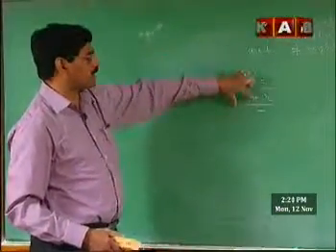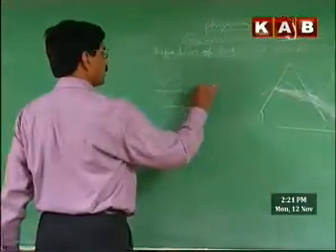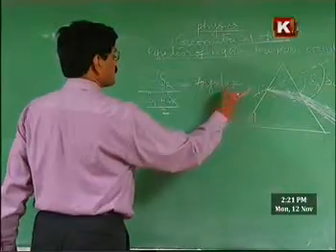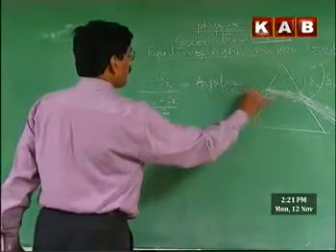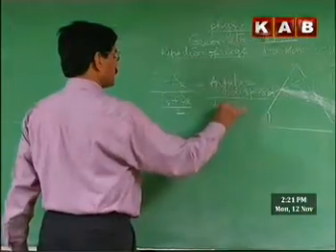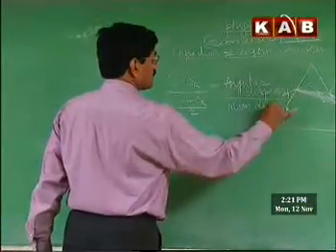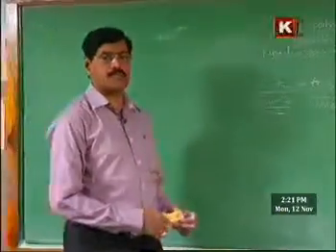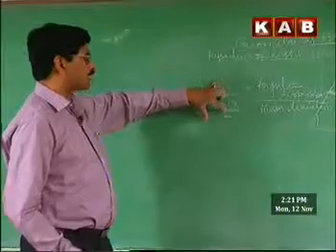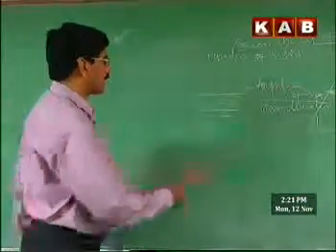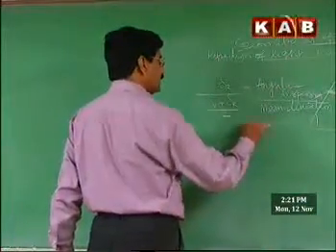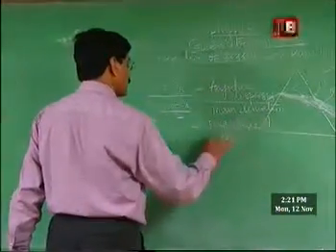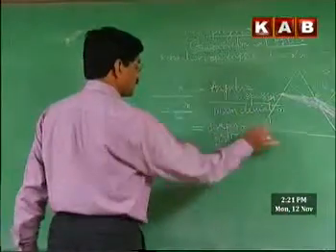Angular dispersion divided by the mean deviation of the spectrum is a dimensionless quantity, because the numerator is an angle and the denominator is also an angle. This quantity we call the dispersive power of the prism material.